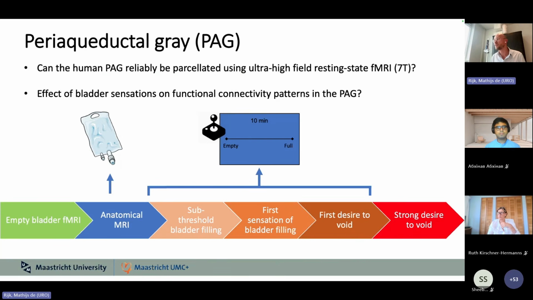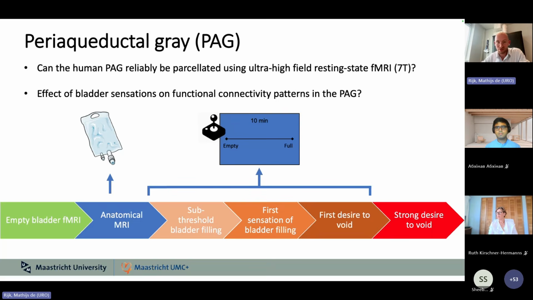So over the past, I think, 7 years or so, we've done quite a lot of neuroimaging work, and we have been looking a lot at the periaqueductal gray. Brainstem neuroimaging is quite an underexplored field.